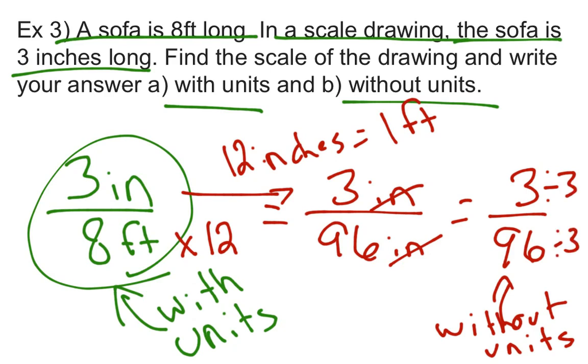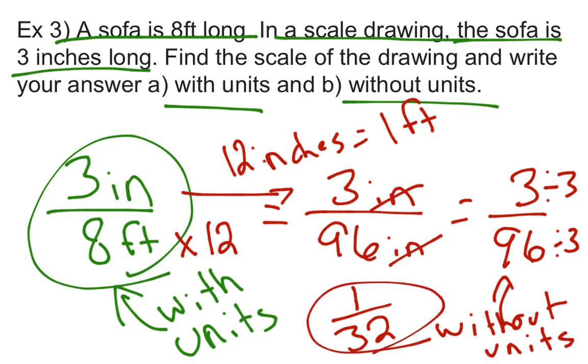So I'm going to reduce. 3 divided by 3 gives me 1. 96 divided by 3 gives me 32. So without units, it's 1 to 32. Writing your scale with units and without units is the last type of question you're going to be expected to do. Okay, that's our lesson for today.